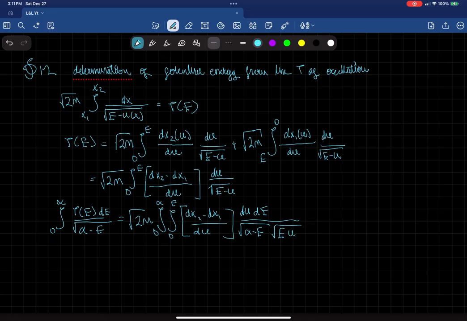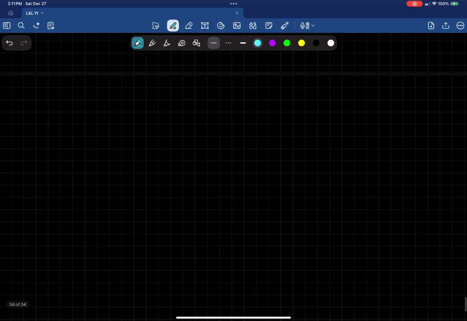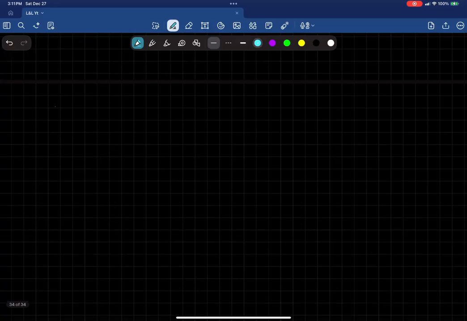Now, this integral, the integral over E, is elementary. Its value is pi.